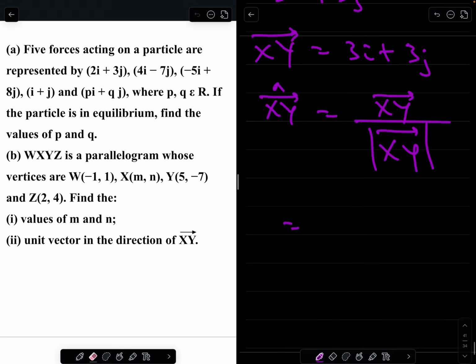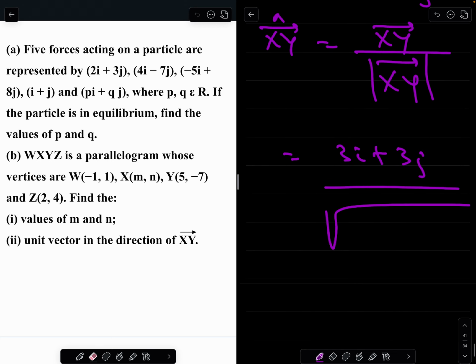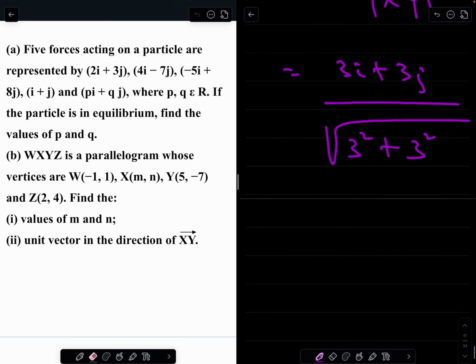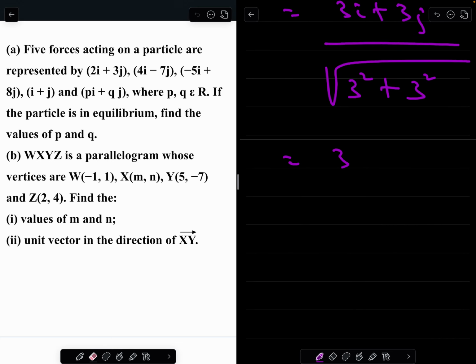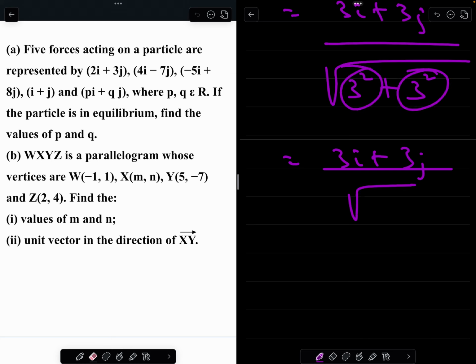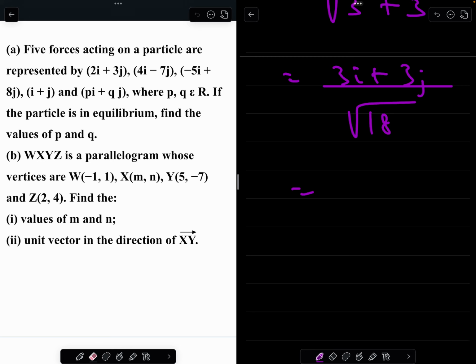And that's equal to the vector xy, 3i plus 3j, while its magnitude is square root of 3 square plus 3 square. So that means 3i plus 3j all over root of 9 plus 9, that's root 18. And we know that root 18 is 3 root 2.